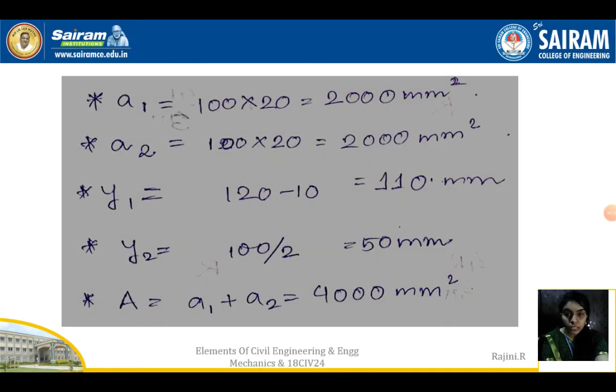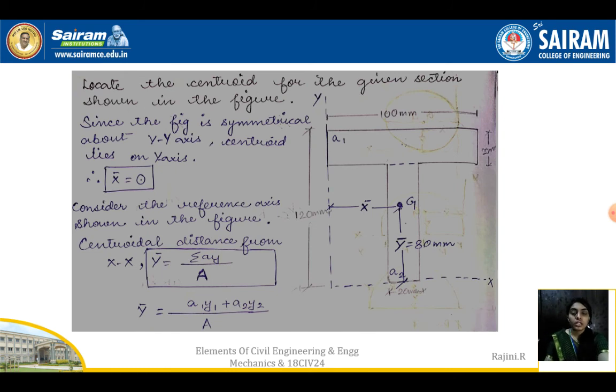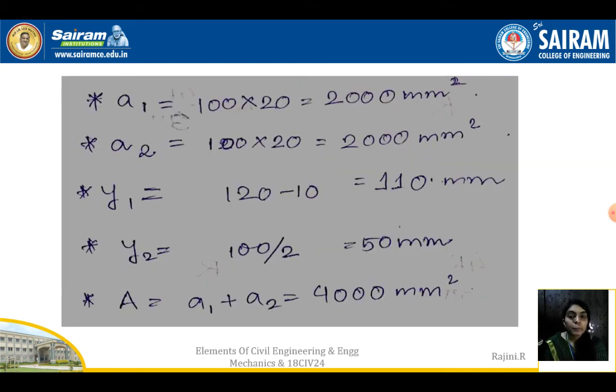Next y1. From the reference line, that is the x line, you see till the centroid of area 1. Centroid of area 1 means the middle. Just see the distance from the base. From the base till the centroid of area 1, it will be 120 minus 10, so that will be 110.